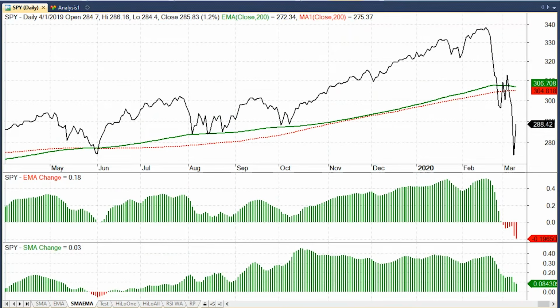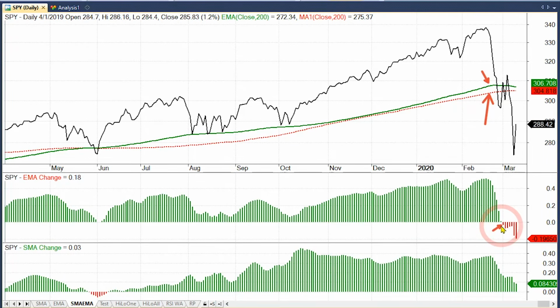So now I've changed to the 200-day moving averages. So we've got the 200-day EMA in green there and the 200-day SMA in red. And you can see the 200-day EMA has turned down, and we can quantify that with the indicator there. That's the 5-day rate of change of the 200-day EMA. And you can see it turned down.